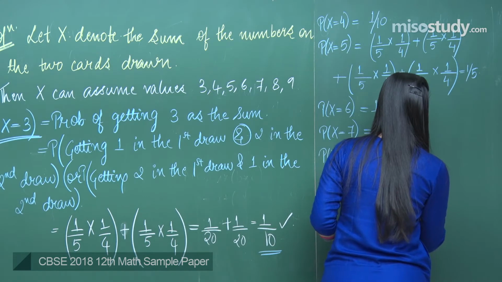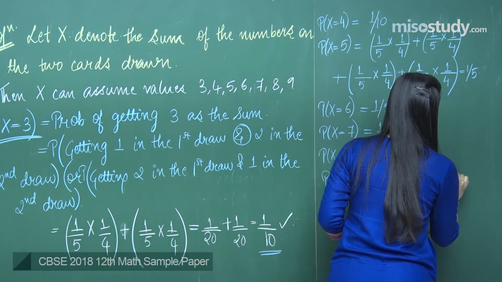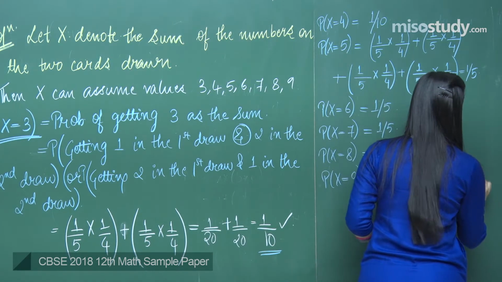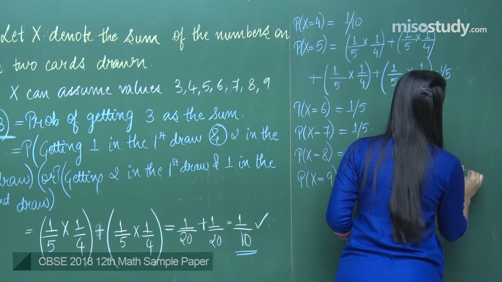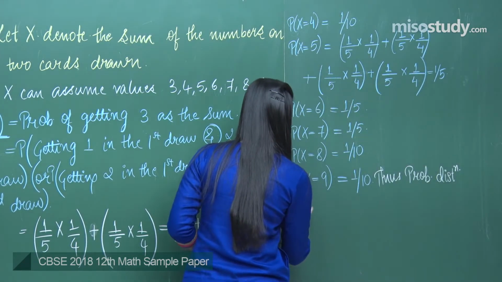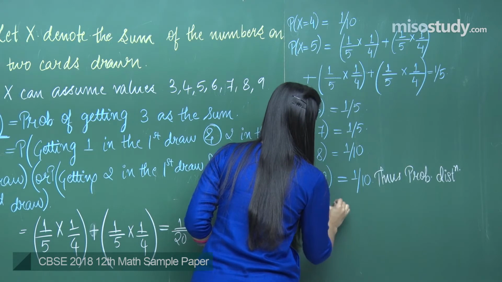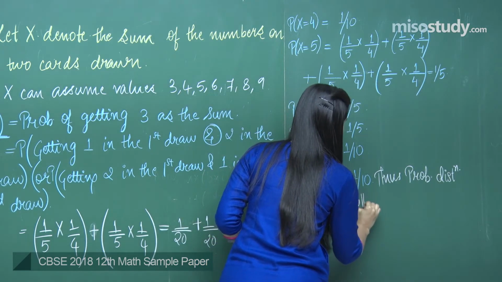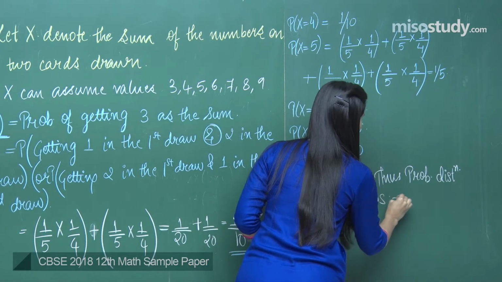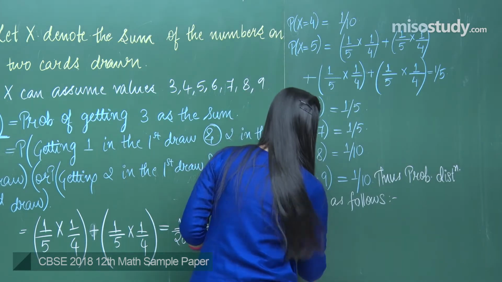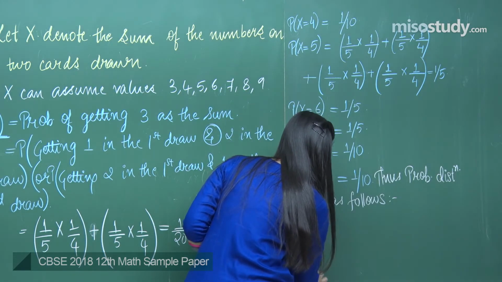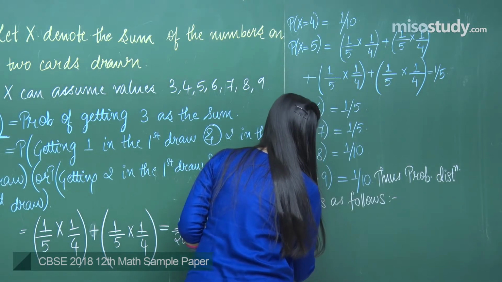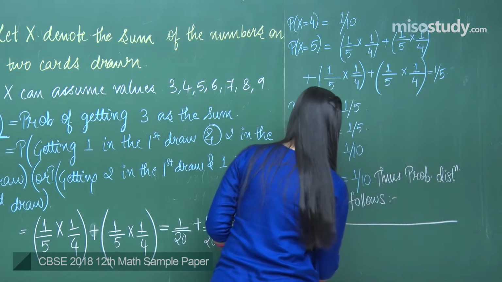probability distribution of x is as follows. How? Well, here you are going to write xi and here you are going to write pi.